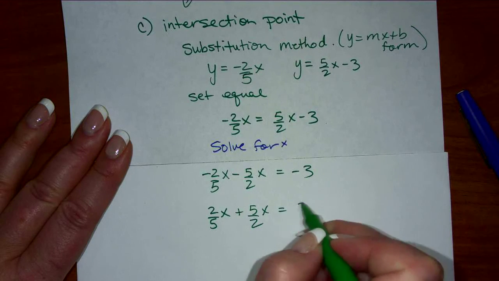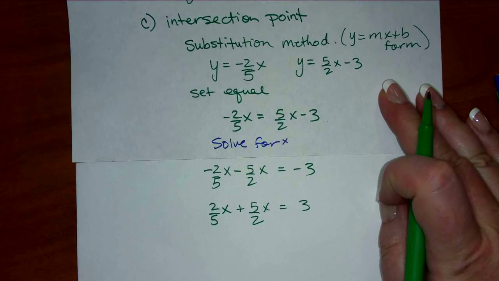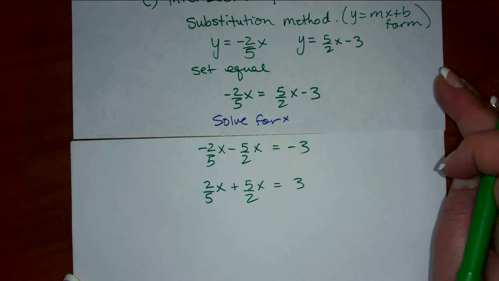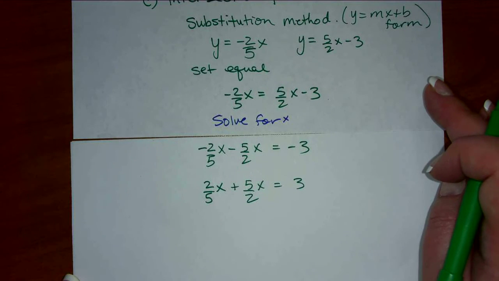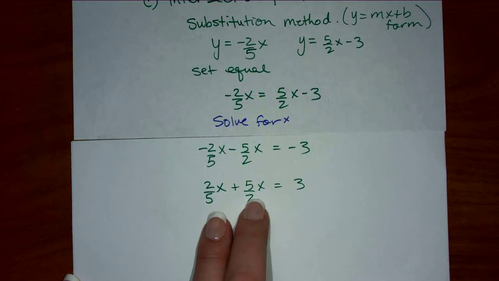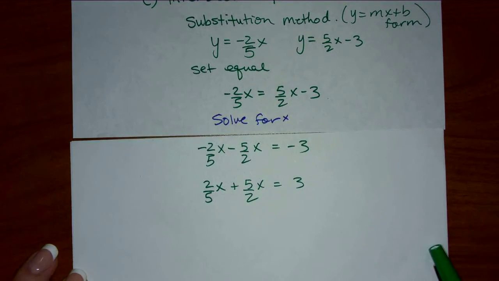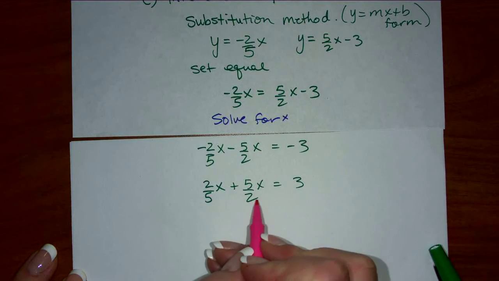So what next? 2 options. The one I do most often is what? How do you get these together? Common denominator. The common denominator would be 10, so we need to multiply this one by 2, and this one by 5.